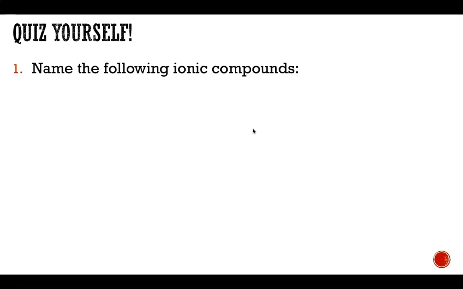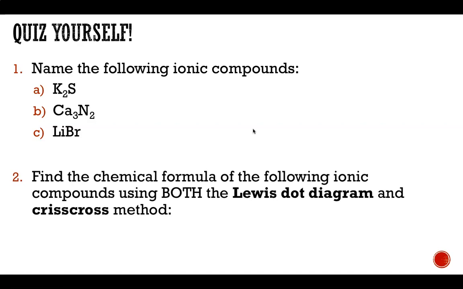So again, question 1, name the following ionic compounds. See if you can come up with the names for these 3. And then question 2 is we're going to find the chemical formula of the ionic compounds using both Lewis dot diagrams and the crisscross method.